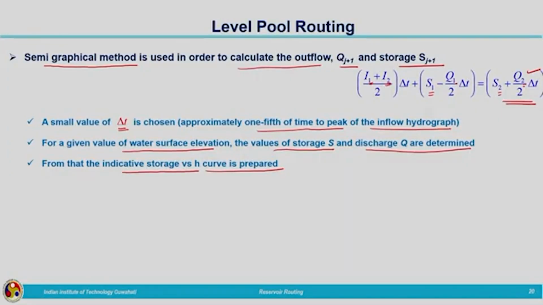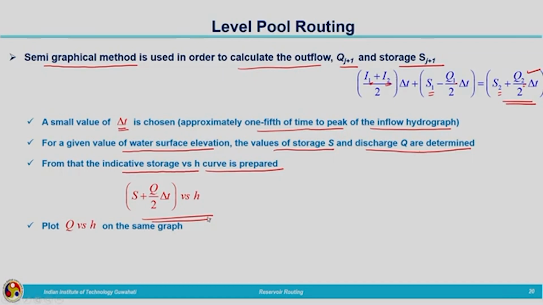Based on that, we can find out the value corresponding to the indicative discharge. Once the indicative discharge is calculated, the curve of indicative discharge versus H, that is S plus Q by 2 delta t versus H, is plotted.